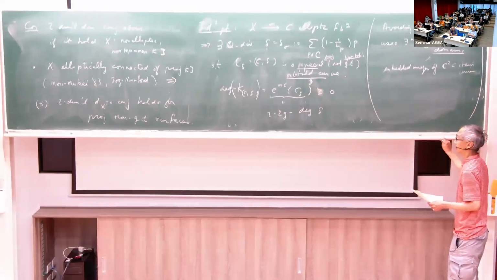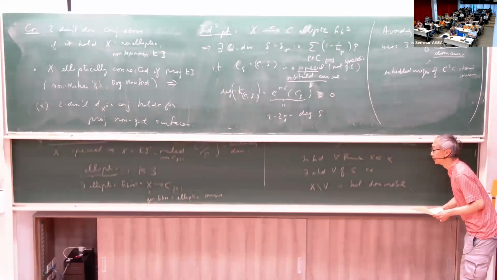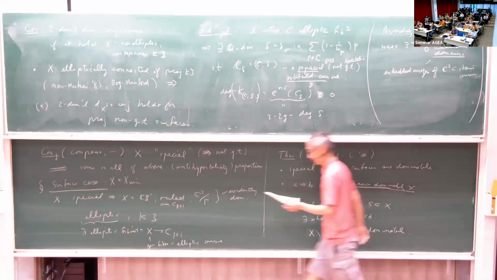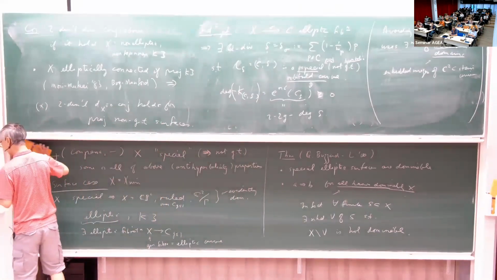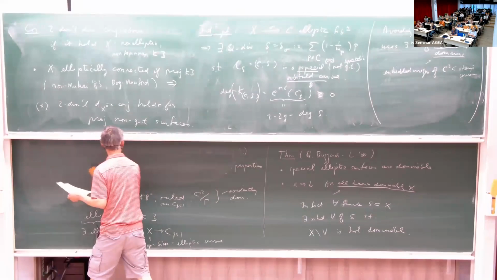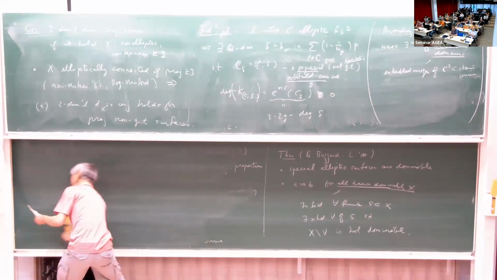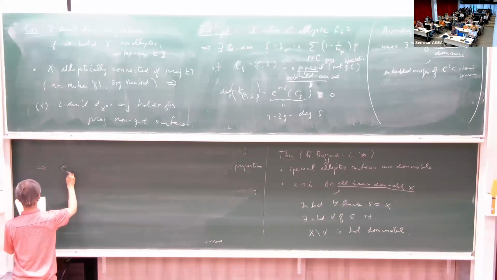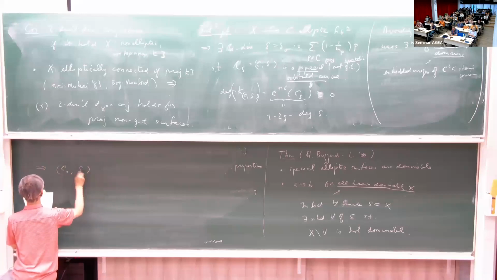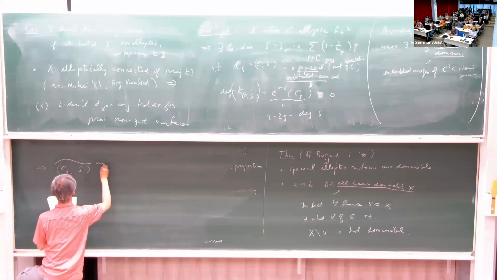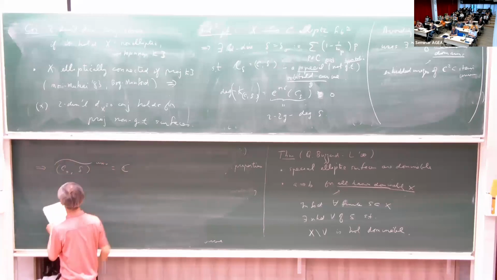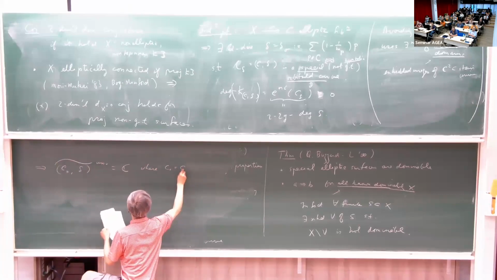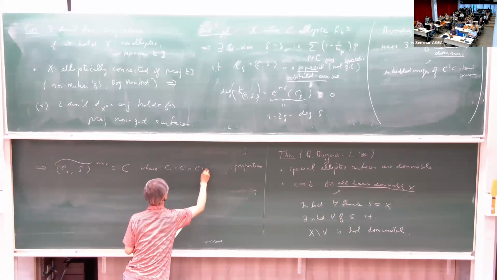And why is that? Well, let me give you quickly how that works. I already mentioned how that works. So this implies that if you remove a point from C, there exists a universal cover of this orbifold, where C0 is actually your curve, or C minus a point.